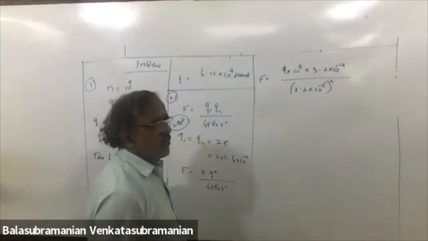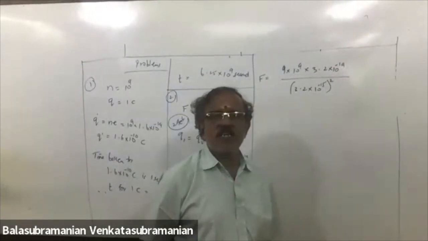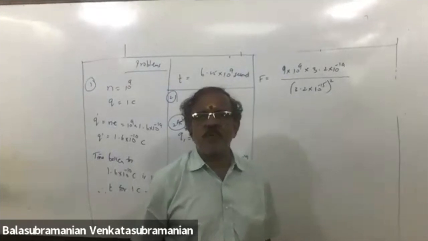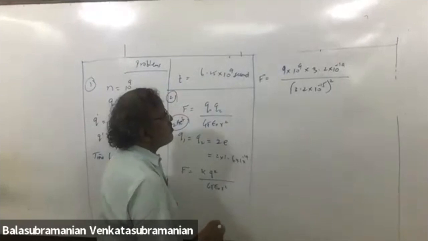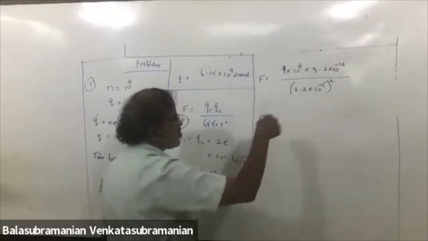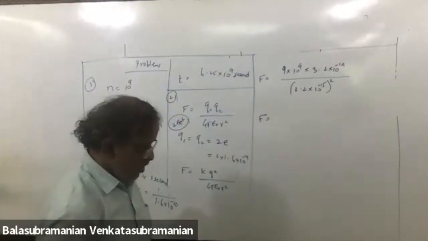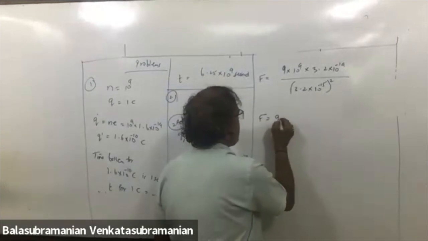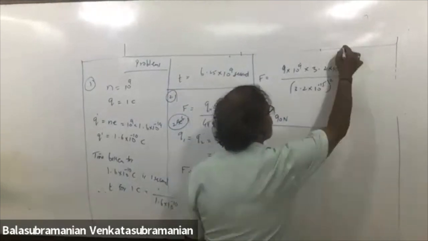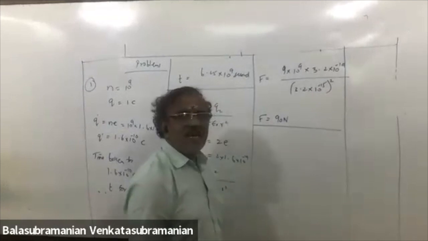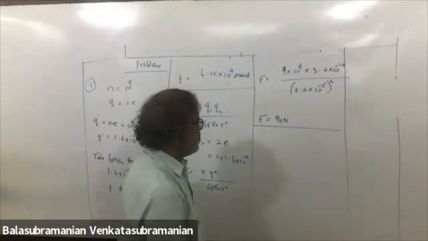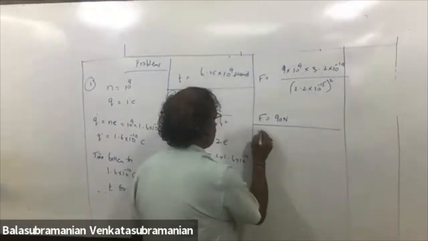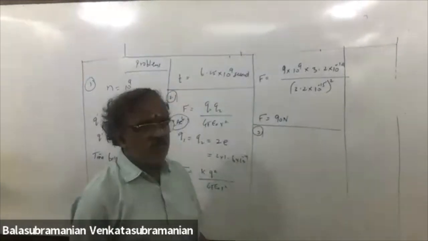R is the distance between the alpha particles, 3.2 into 10 power minus 15 meter given. Simplify this and you get the answer, 90 Newton. 90 Newton is the answer. Straight problem. Formula is Coulomb's inverse square law.